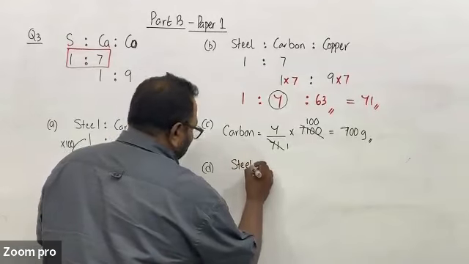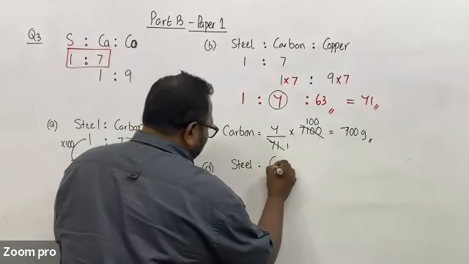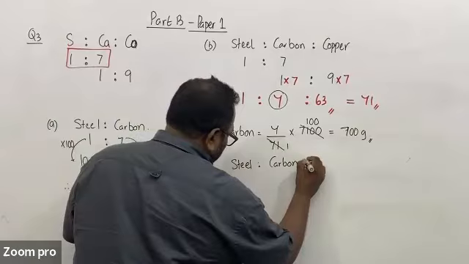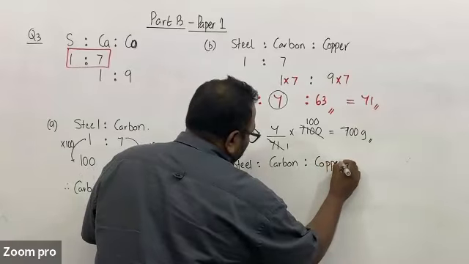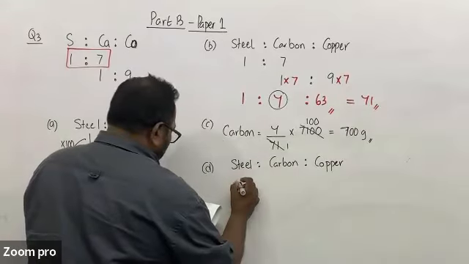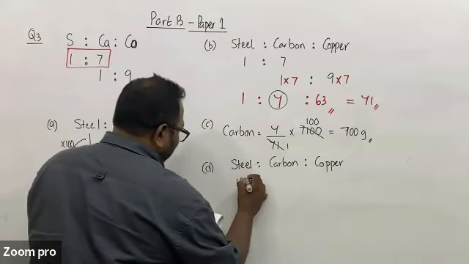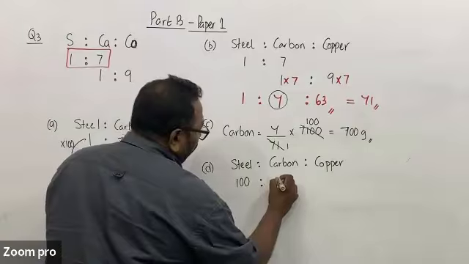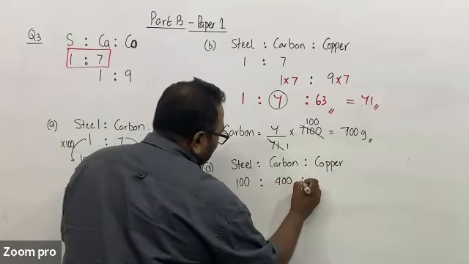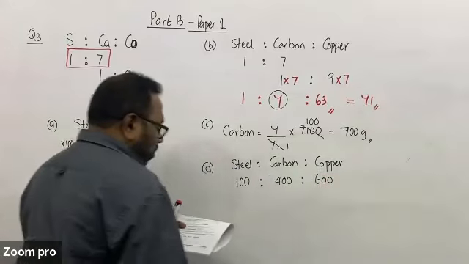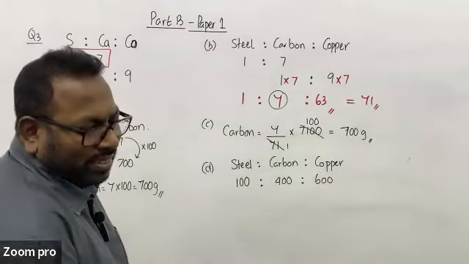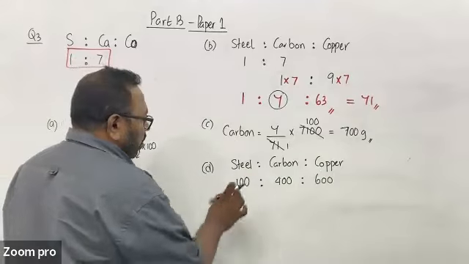Steel is to carbon is to copper. How much? 100 grams of steel, 400 grams of carbon, and 600 grams of copper in the simplest form.